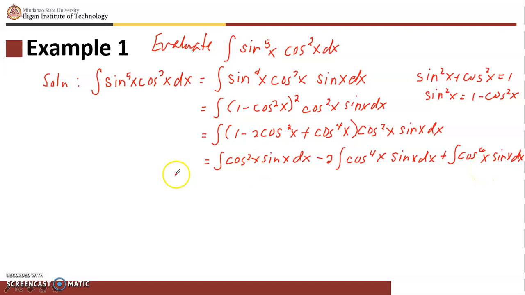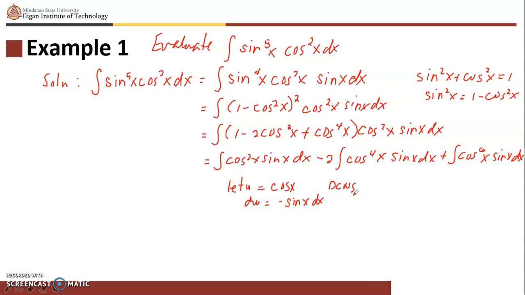Now if we let u be equal to cosine of x and our du equals negative sine of x dx, because if you remember, the derivative of cosine is negative sine.